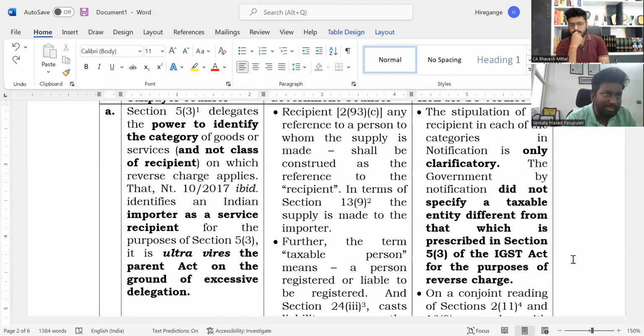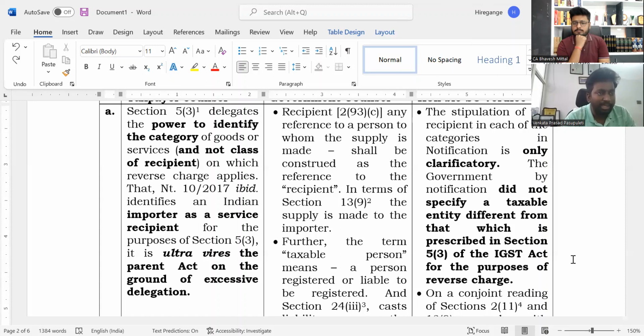By virtue of this deeming fiction, in the CIF contract, though the Indian recipient is not the contractual party to the transportation arrangement between the foreign supplier and foreign shipper, and also read with IGST Section 13(9), which says wherever the goods are coming from outside India, the place of supply would be the destination, that is in India.